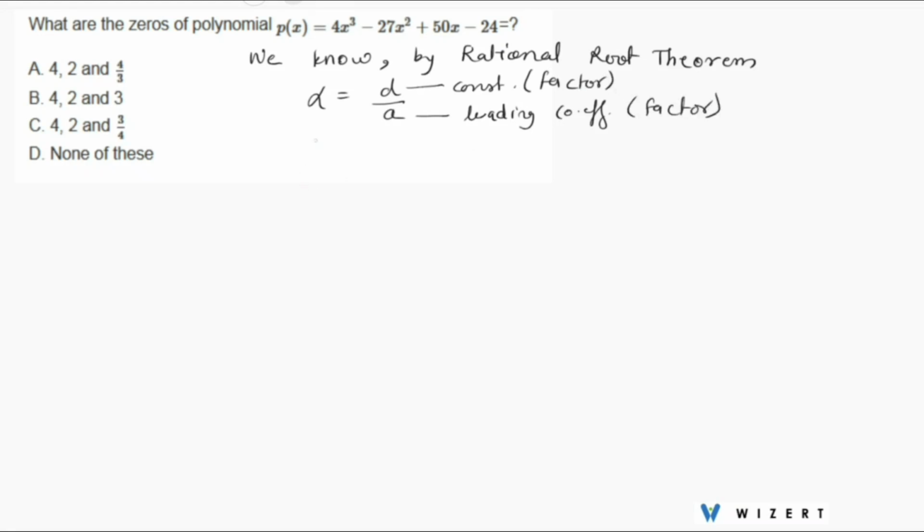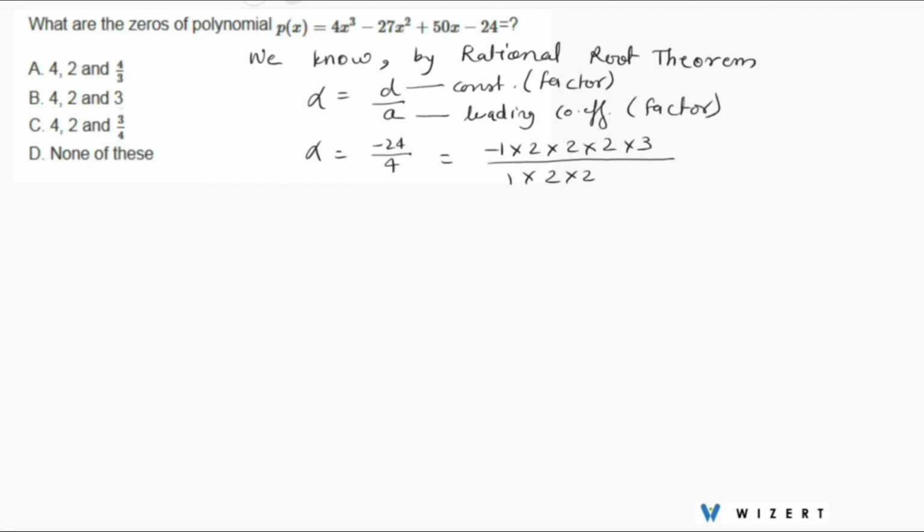So alpha can be of the form minus 24 by 4. Now we simply factorize this: 1, minus 1, multiplied by 2, multiplied by 2, multiplied by 2, multiplied by 3, divided by 1, multiplied by 2, multiplied by 2.